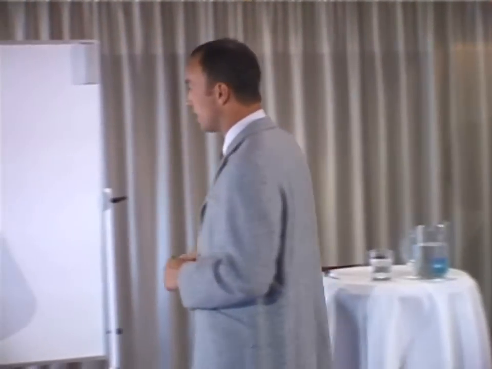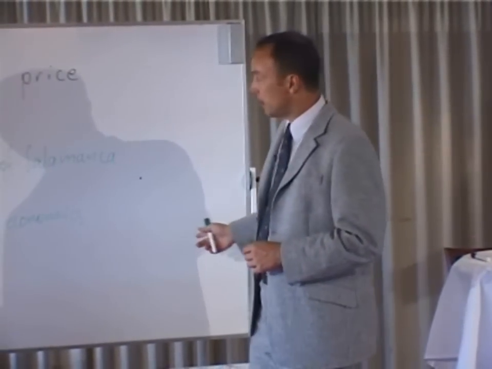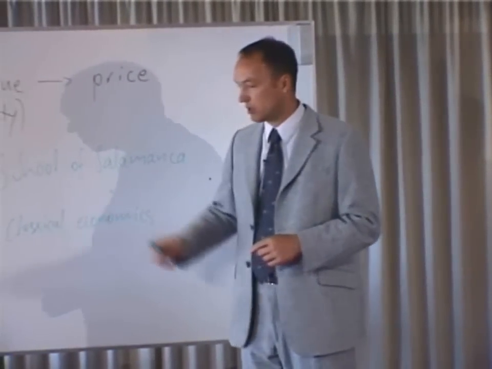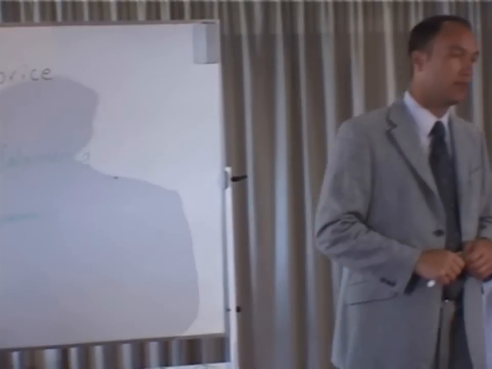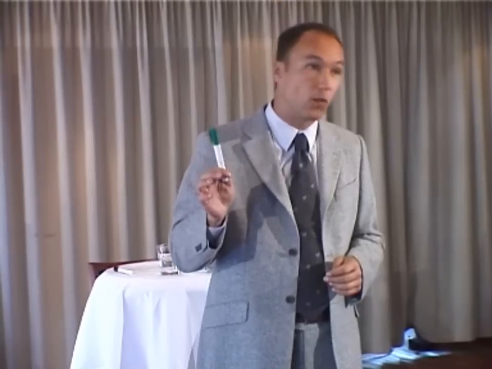The main problem in this explanation, the cost of production explanation, is circularity. If it's really the cost of production that explains the price of the pen, well, where do these costs of production come from?